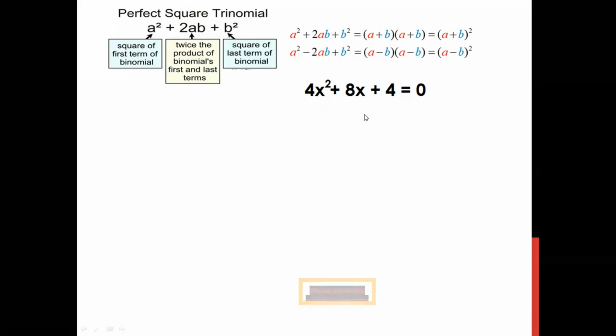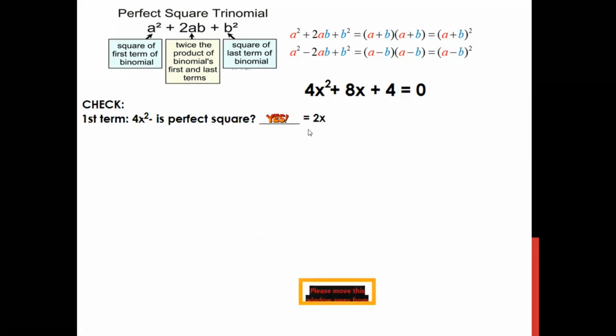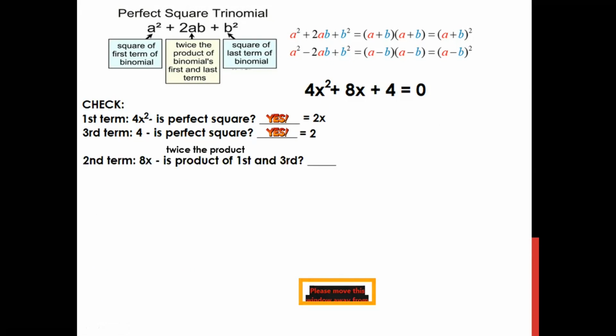Okay, let's check. First term, 4x squared, is a perfect square. Yes. The square root of 4x squared is 2x. Next, the third term, which is 4, is a perfect square. Yes, and the square root of 4 is 2. Next, the second term, 8x, should be twice the product of first and third.